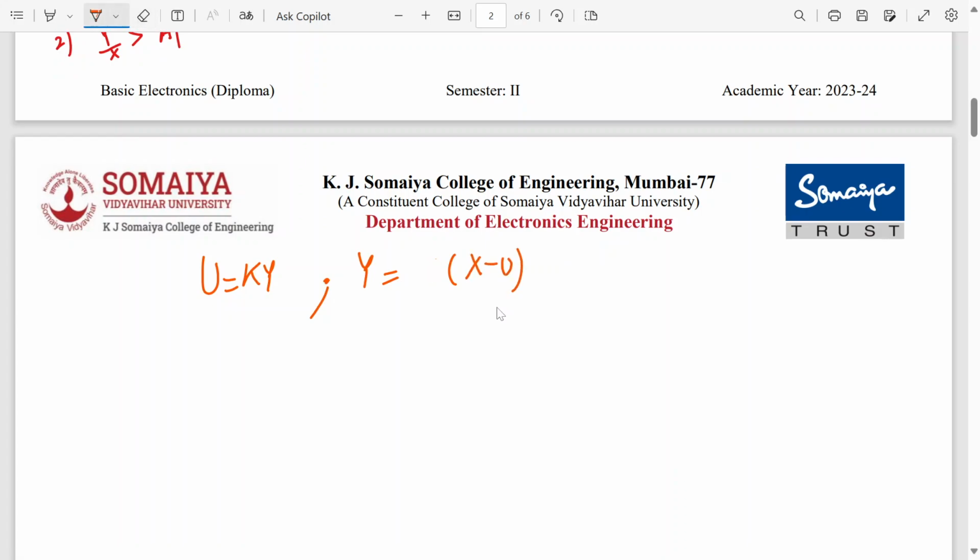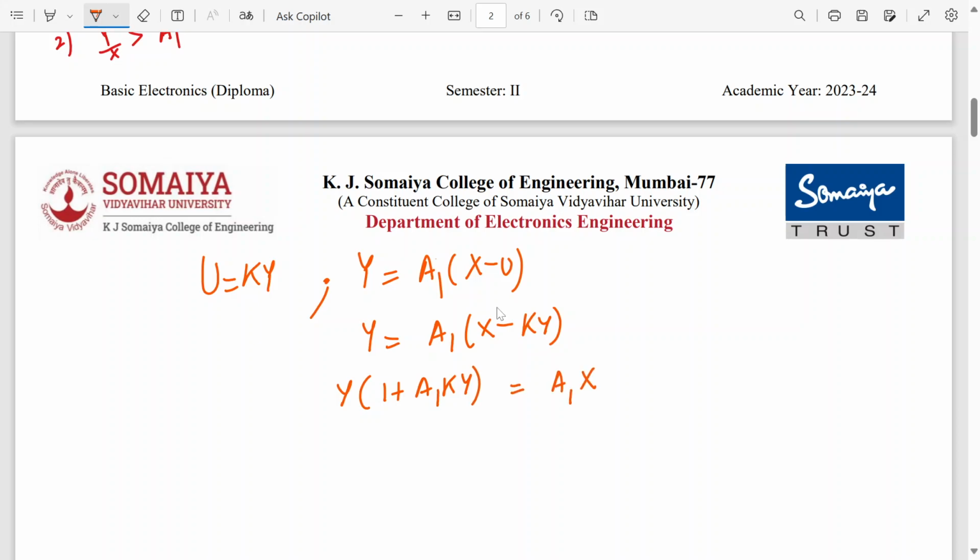Now I can substitute the value of u over here: a1 into x minus ky. So if I club them together, it will be 1 plus a1 k times y, which will be a1 into x.